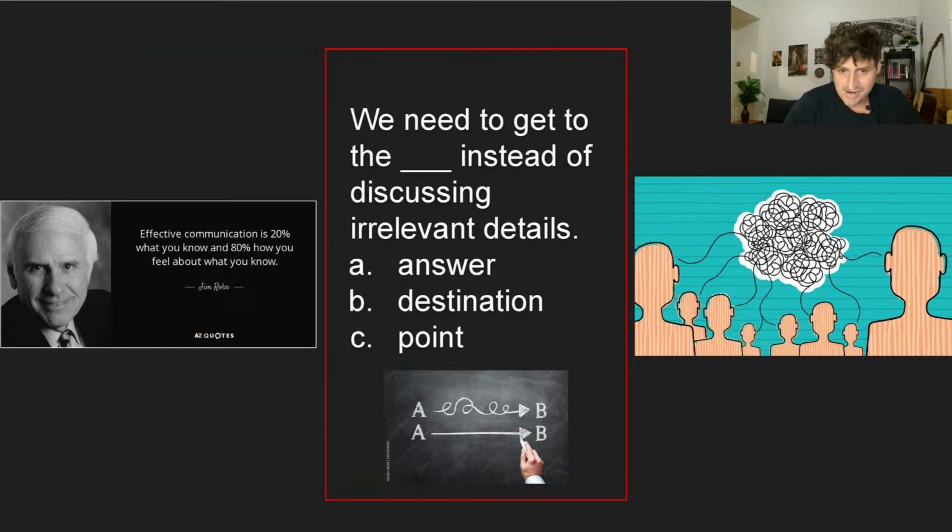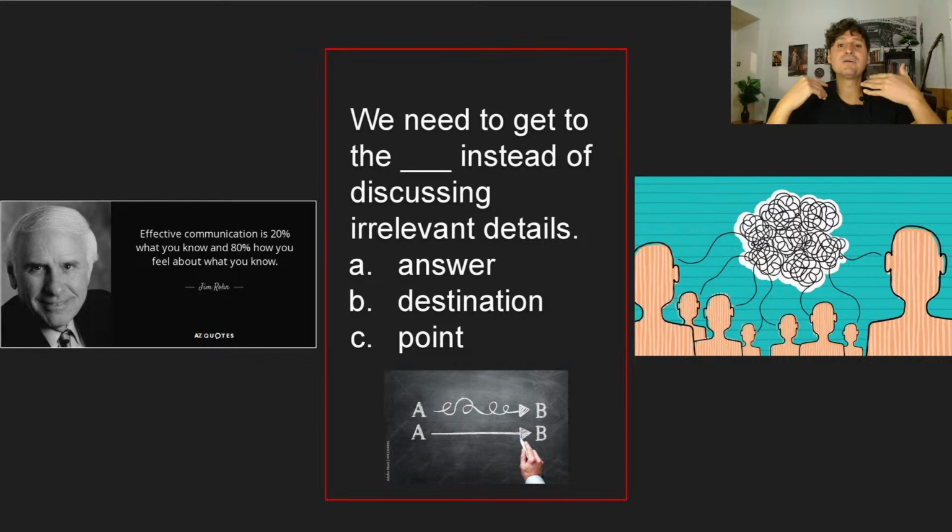They beat around the bush when they say, oh, all these irrelevant details. You see this a lot in meetings. Maybe at work, you waste so much time during meetings discussing irrelevant details, meaning details that are not important.